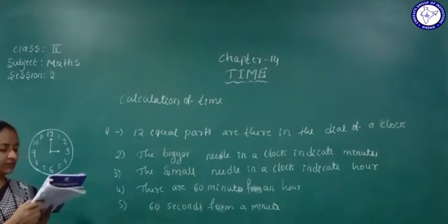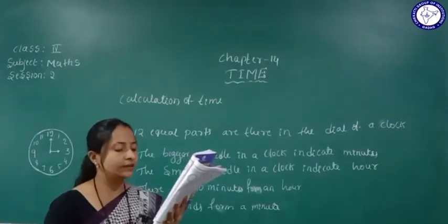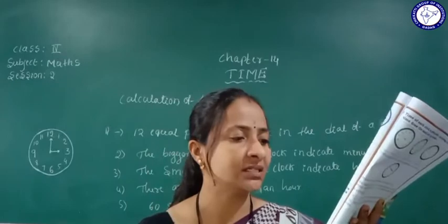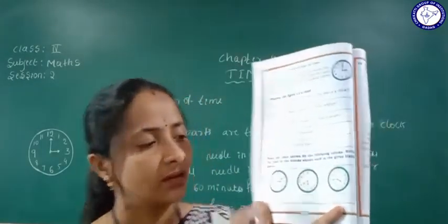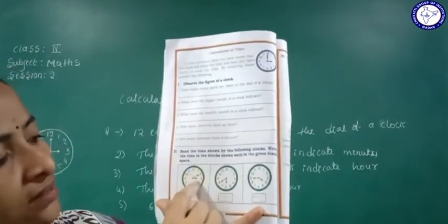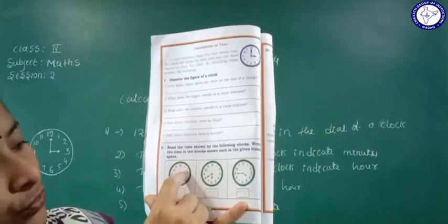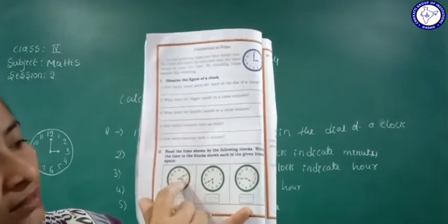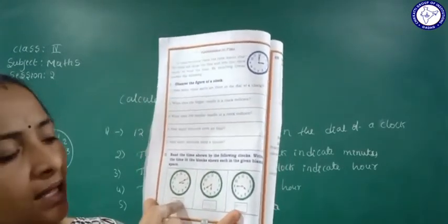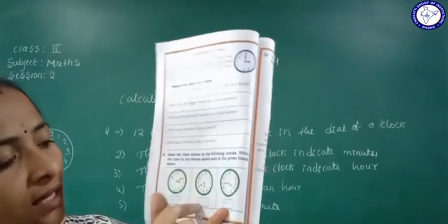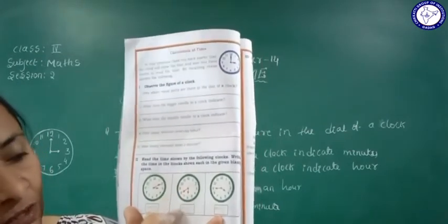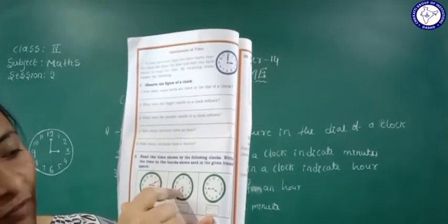Next, they have given the time. Read the time as shown by the following clocks and write the time in the blanks. So we will write the time. The first one is 3 past 10, which we can call 3:10. Next, the small needle is at 6 and the big needle is at 8, so we can call it 5 past 40.